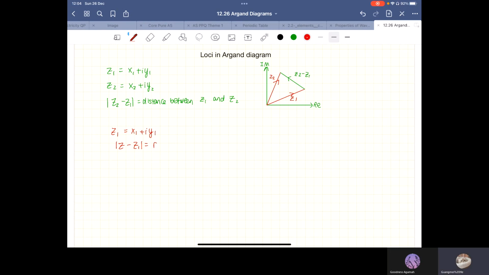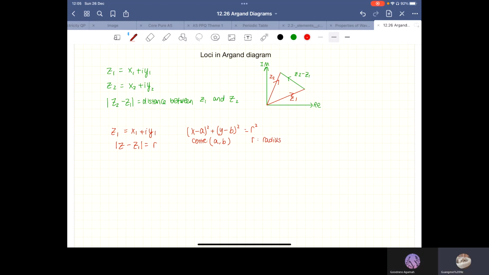And do you remember the equation for a circle in terms of x and y? No. Okay. So it will be x minus a squared plus y minus b squared is equal to r squared, in which a and b is the center of the circle, r is the radius. Hopefully that rings a bell.